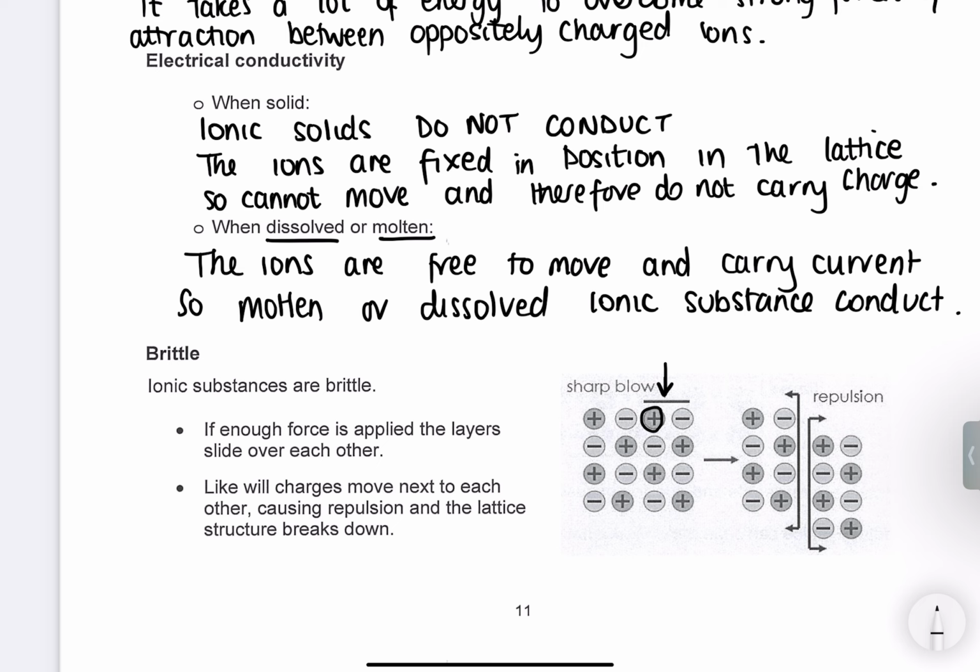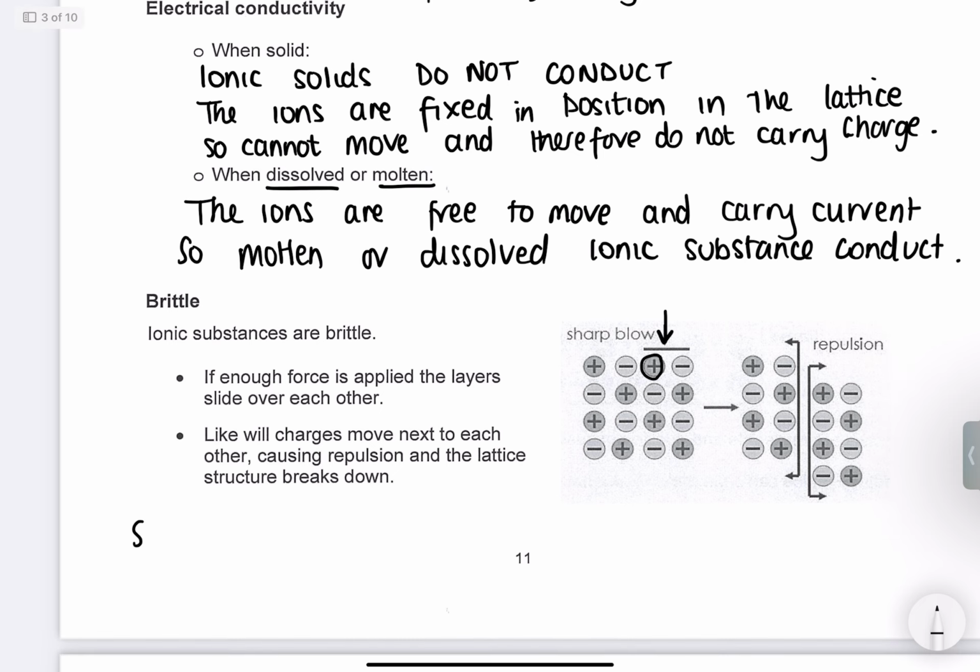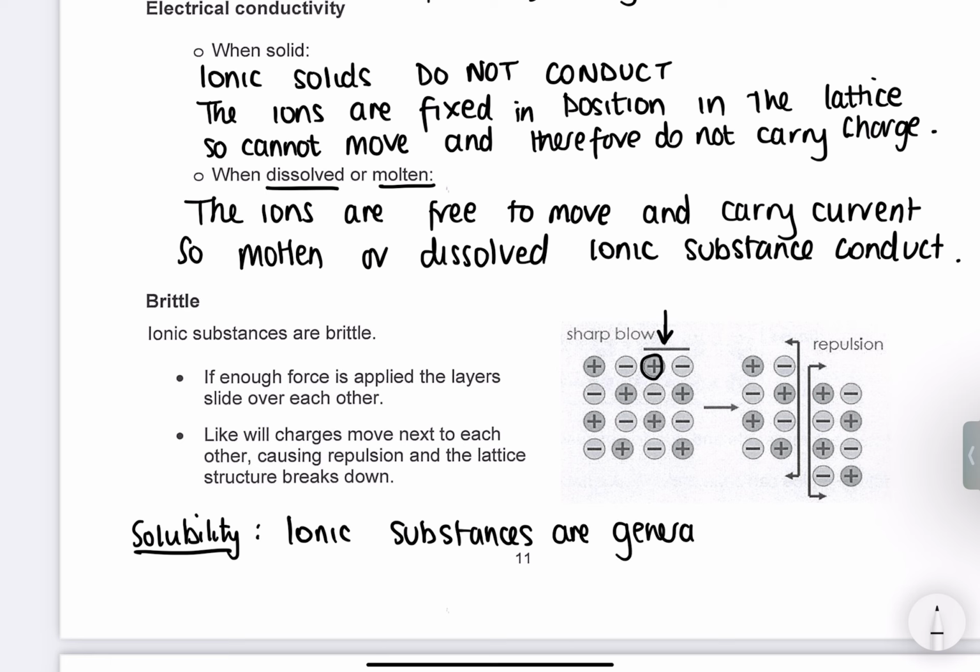We could also think about their solubility. Because these ions are charged, ionic substances are generally soluble in water, because the positive and negative parts of water, the dipoles, will be attracted to the ions.